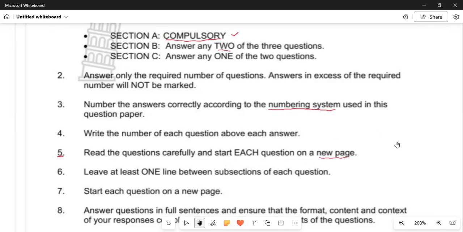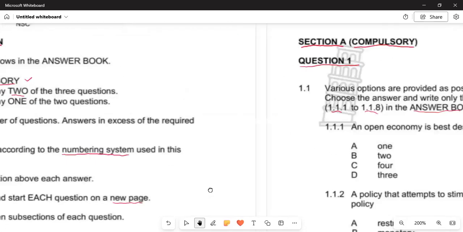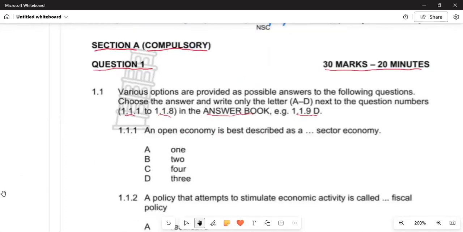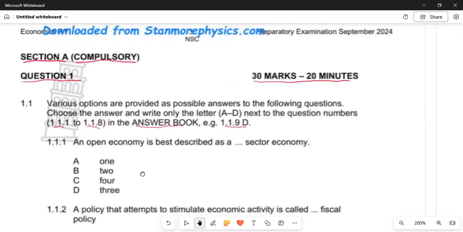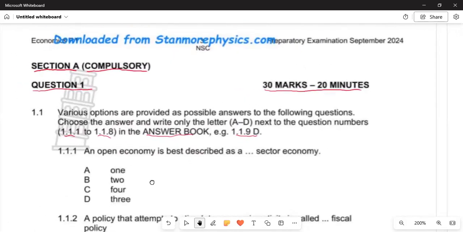Let us quickly go to Section A. Section A is compulsory, so we have to attend to it. Question 1 is allocated 30 marks, and you have to take only 20 minutes to answer this question.